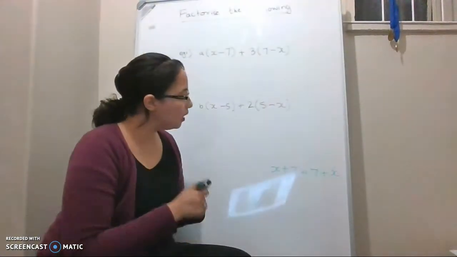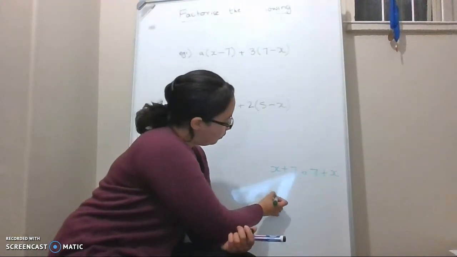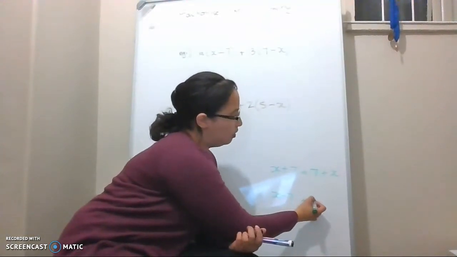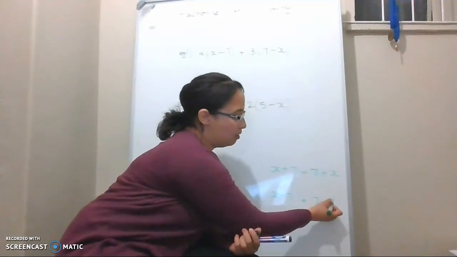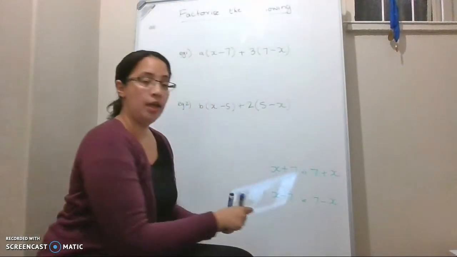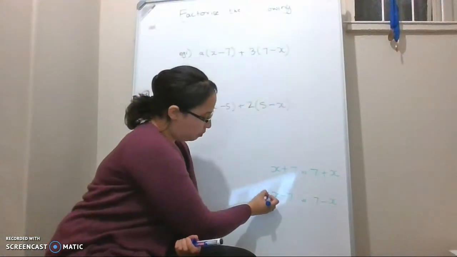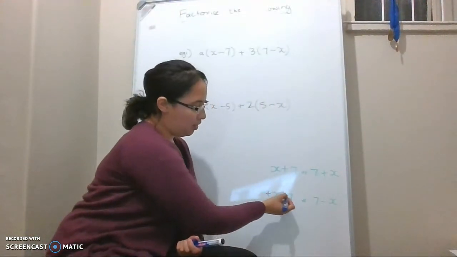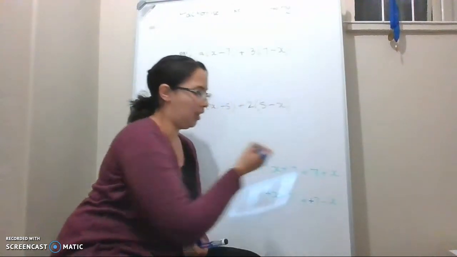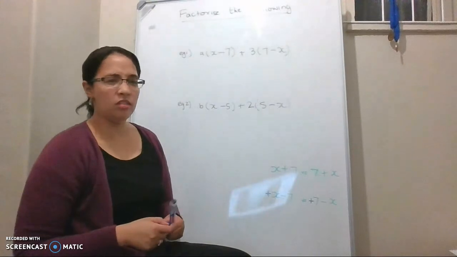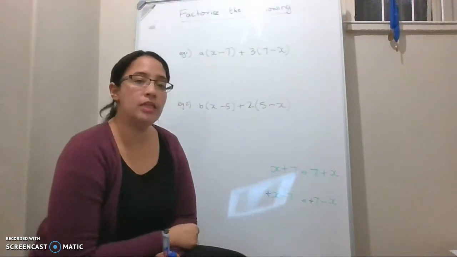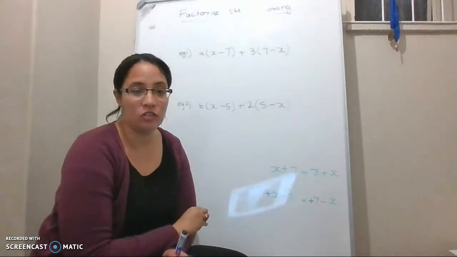However, if you have x minus 7 versus 7 minus x, then we have a bit of a problem, because the x in this case is positive and the 7 is negative, while here the 7 is positive and the x is negative. That's not quite the same, so we are going to do a sign change.